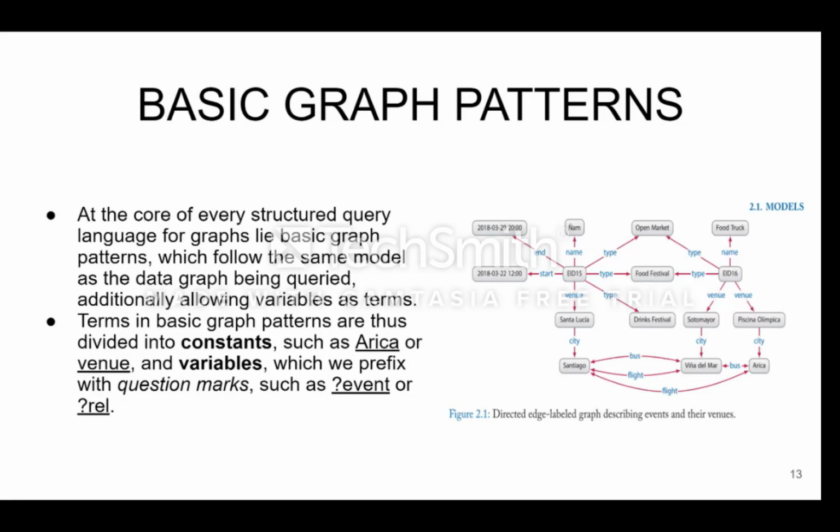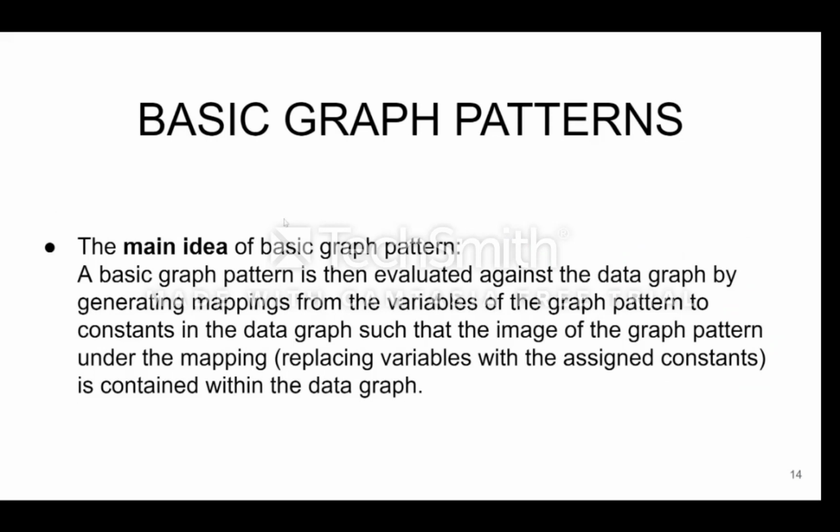At the core of every structured query language for graphs lie basic graph patterns, which follow the same model as the data graph being queried, additionally allowing variables as terms. Terms in basic graph patterns are thus divided into constants, such as Article or Venue, and variables, which we prefix with question marks, such as ?event or ?ven.